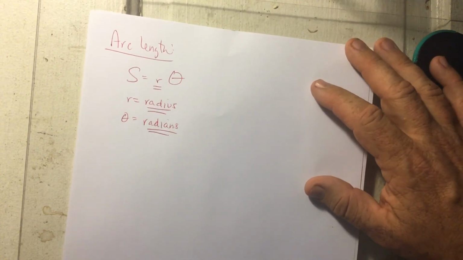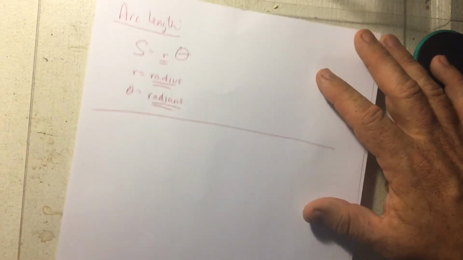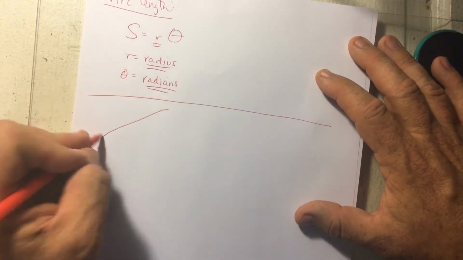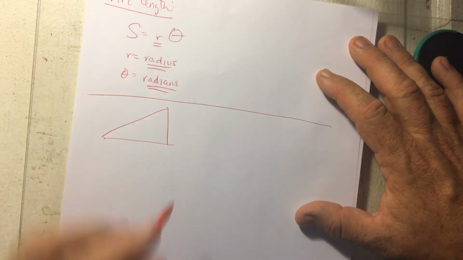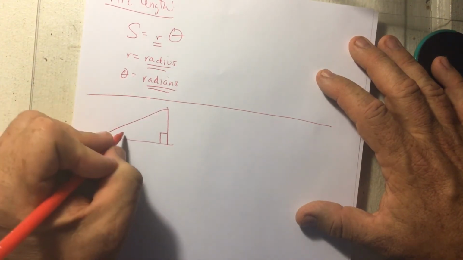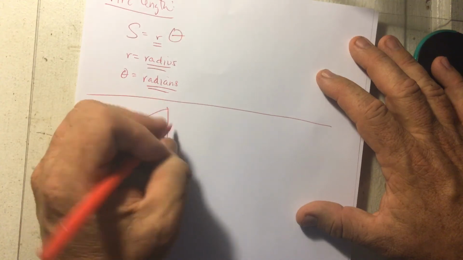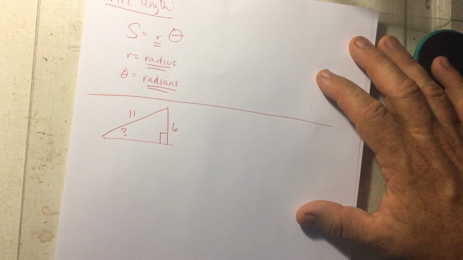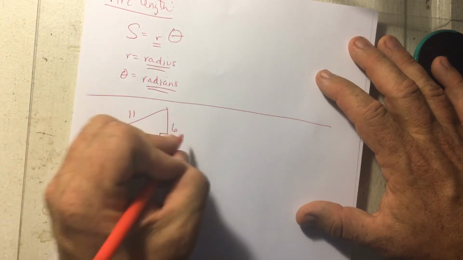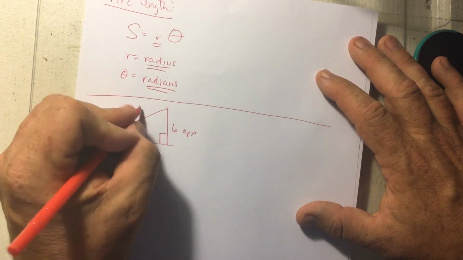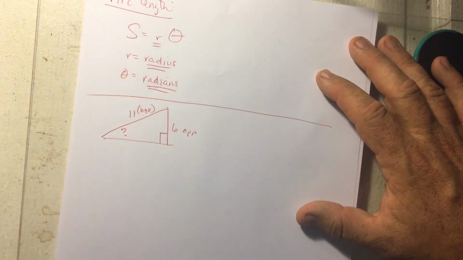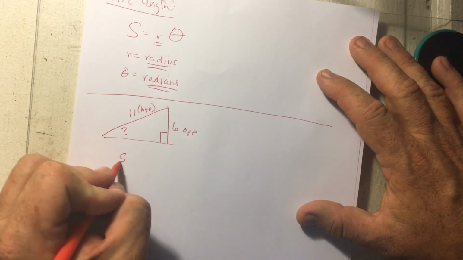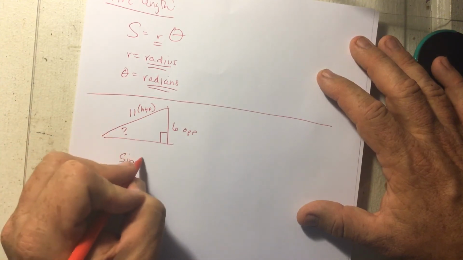Don't forget your function on the calculator when you're finding an angle. So if we're finding an angle here and they give you 6 and 11. This is my reference angle. This is opposite. This is hypotenuse. And so from there, since it's opposite over hypotenuse, it's the sine of theta.